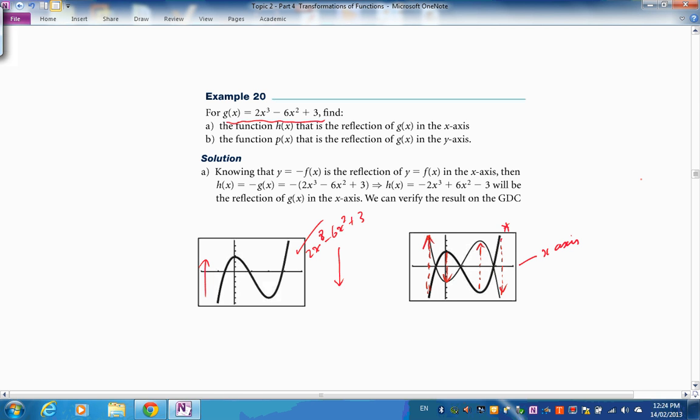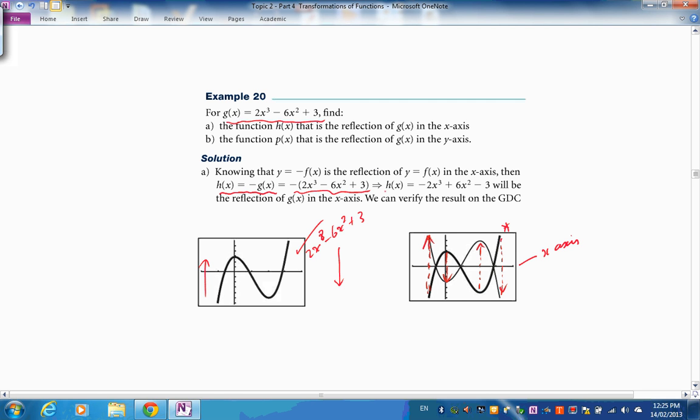So what will be the formula for the new function? Well, all the positives become negatives and vice versa. So what is the rule? H of x on reflection in the x-axis will become the negative of that.